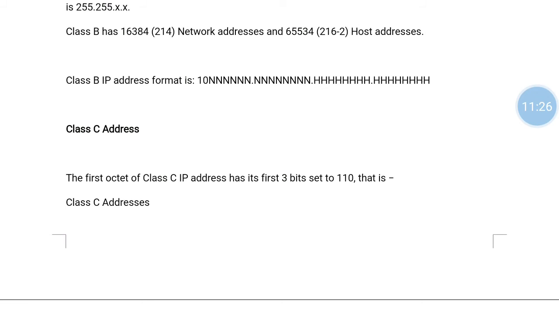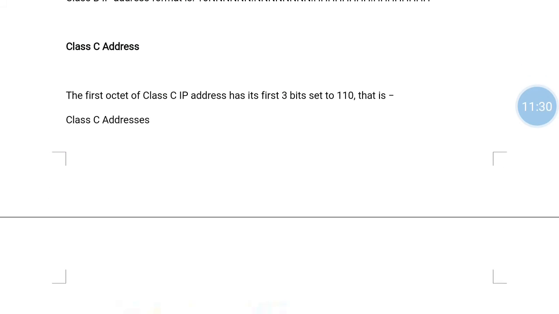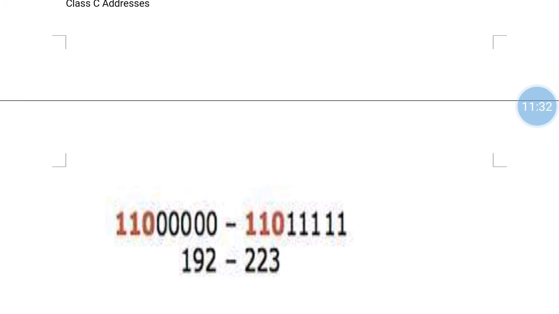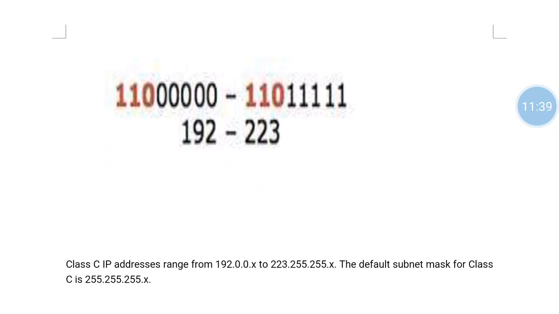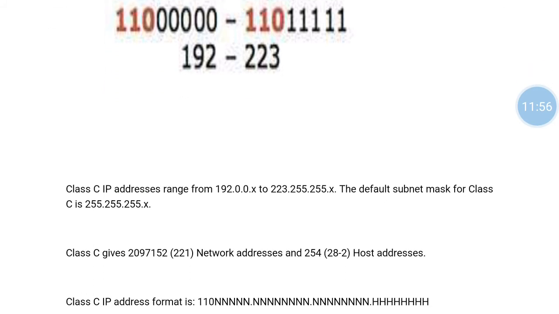Now, for the third class, class C, the first 3 bits are set to 110, and it has a range from 192 to 223, and the default subnet mask for class C is 255.255.255.x.